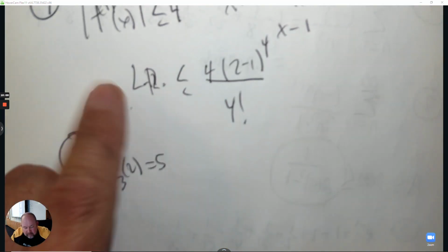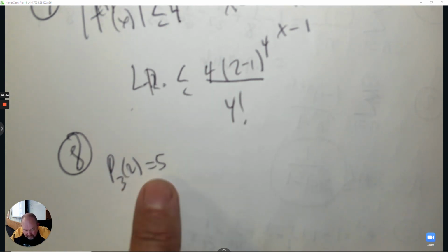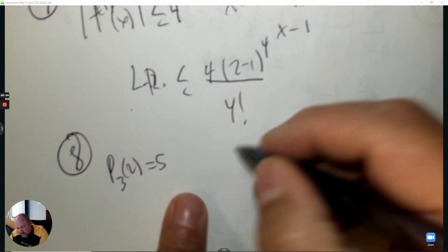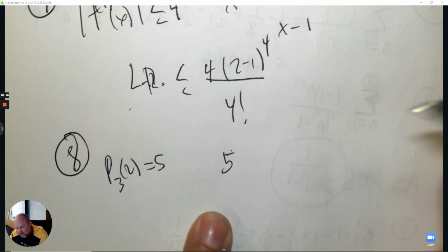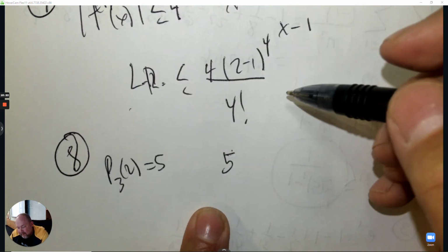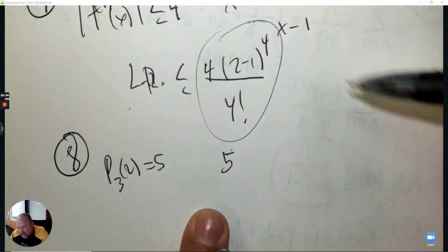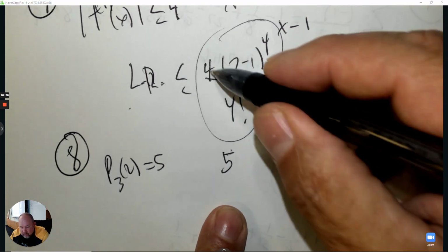So using the one from problem 7, third term here is 5. Find the range of possibilities for f at 2. So if I simplified this, the 4's would cross.